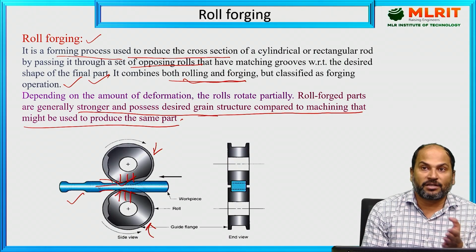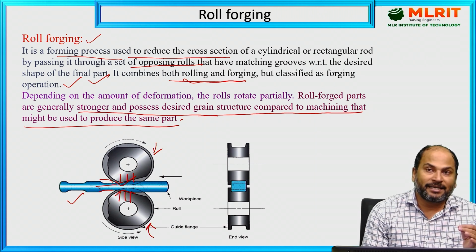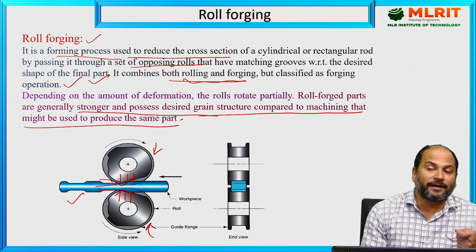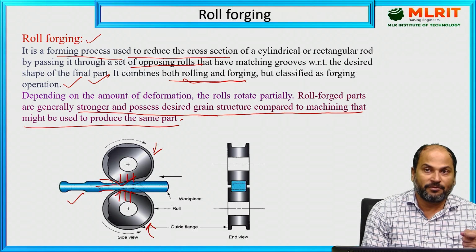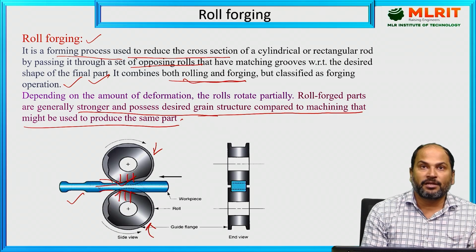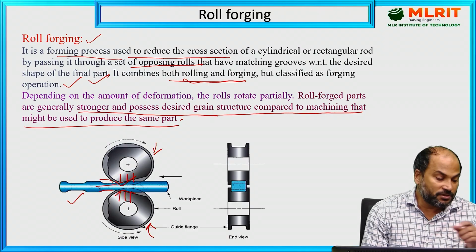Whatever the defects, definitely they will be removed, and moreover its microstructural features will improve, meaning grains will be refined, and because of that almost all the mechanical properties including strength will be better compared with the initial product. So that is the advantage of this process.